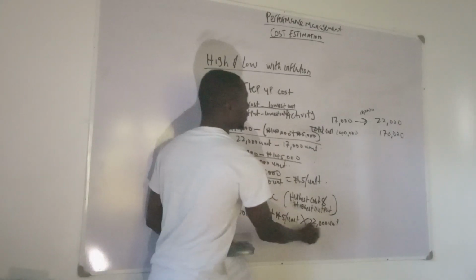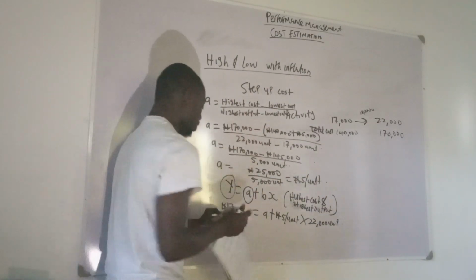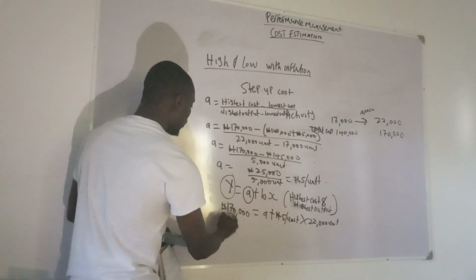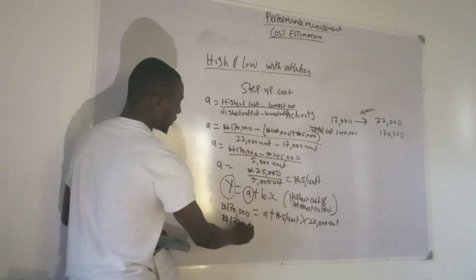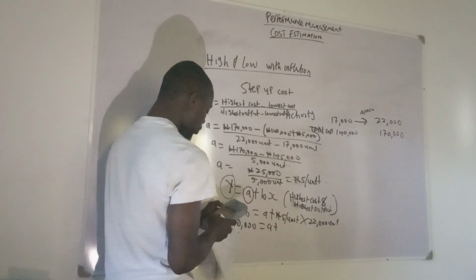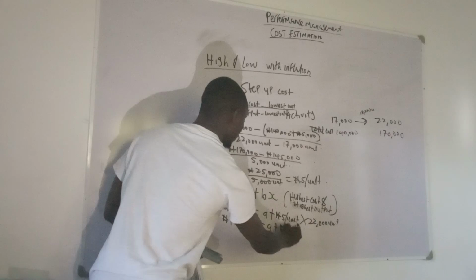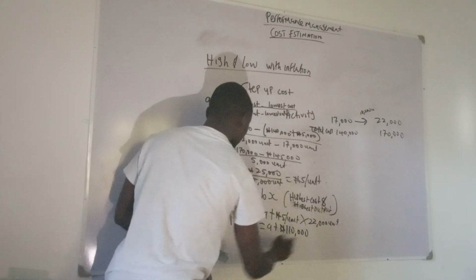So if they are producing 22,000 units, what will be the total variable cost? Therefore, we have 170,000 equals A plus 22,000 times 5, which is 110,000.